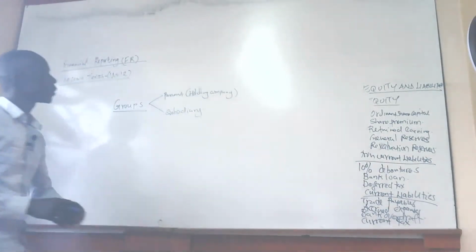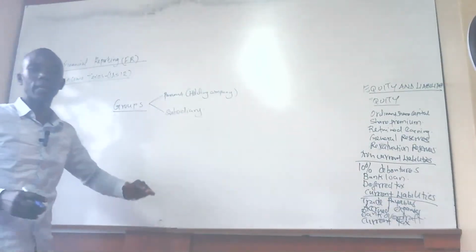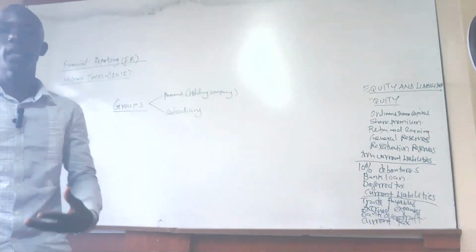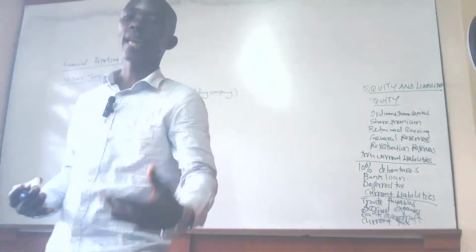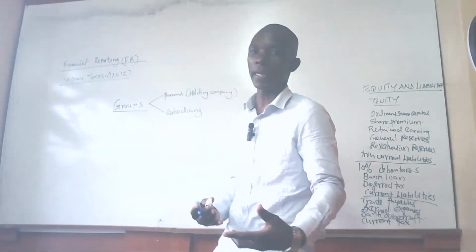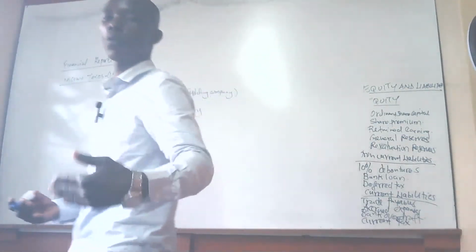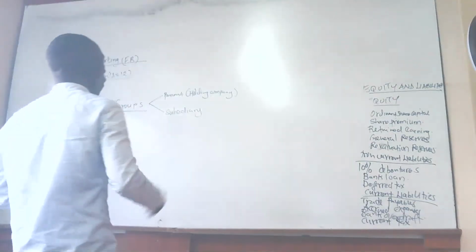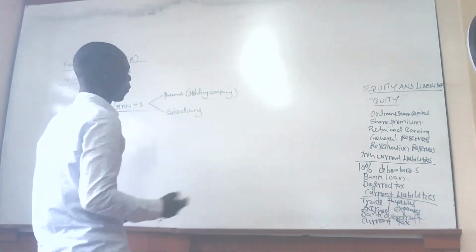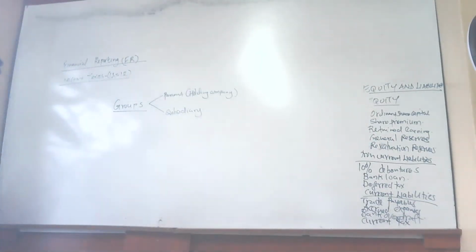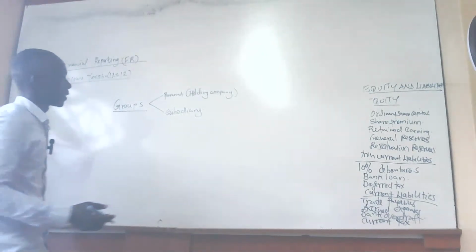subsidiary. So when we talk about the parent company, it is that company which controls another company, or which controls the equity shares of another company, for example more than 50%.